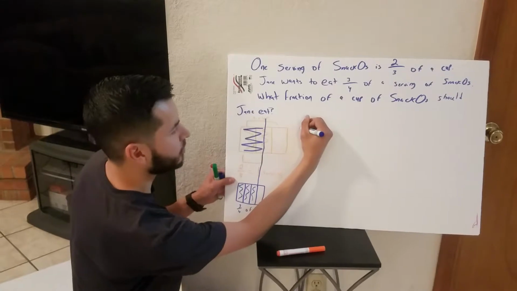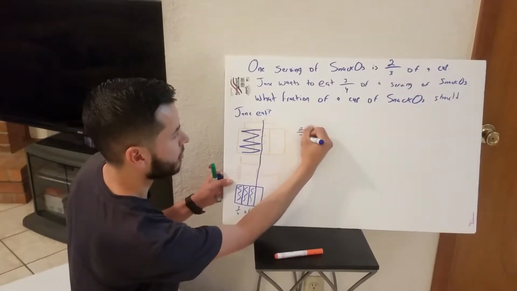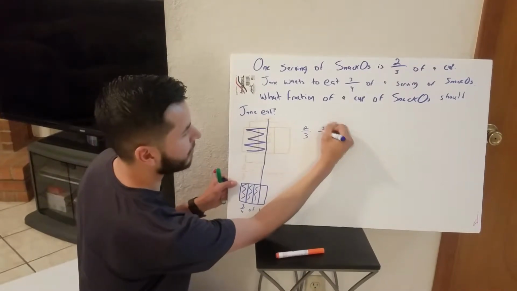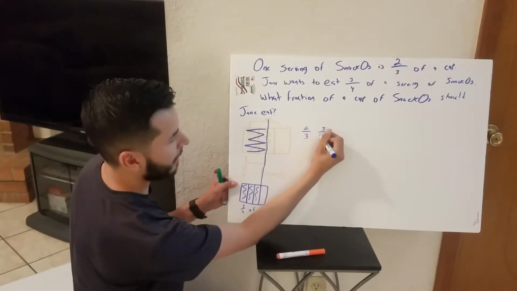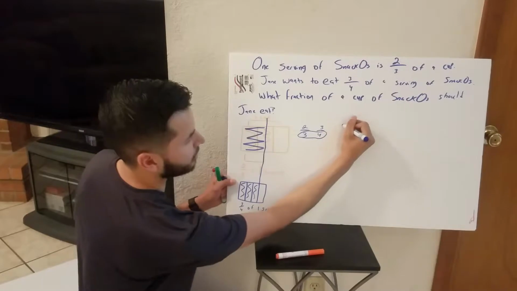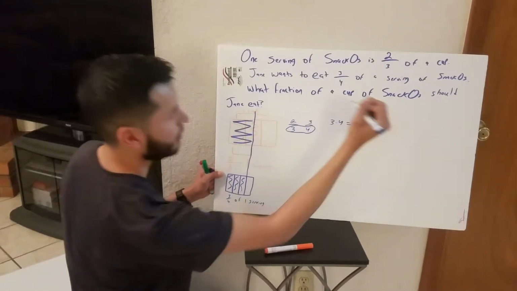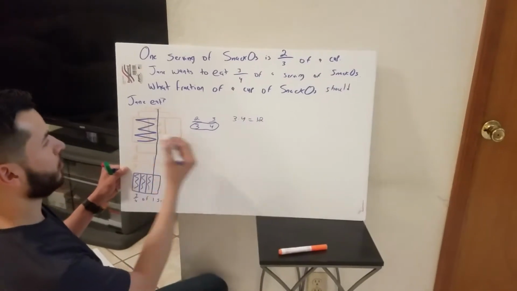So we know that this is 2/3, and we know that this is 3/4, and we can find a common denominator by multiplying the 2 denominators. So let's go ahead and do that, giving us 12. So our new math drawing will be in 12s.